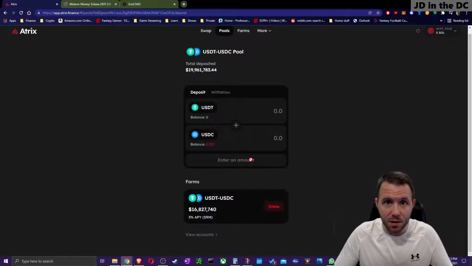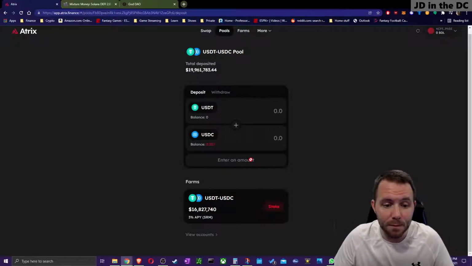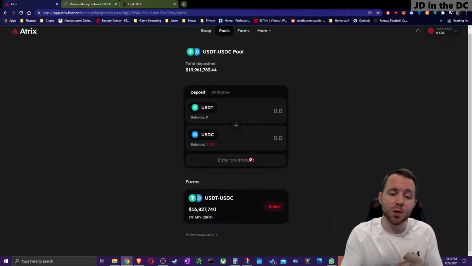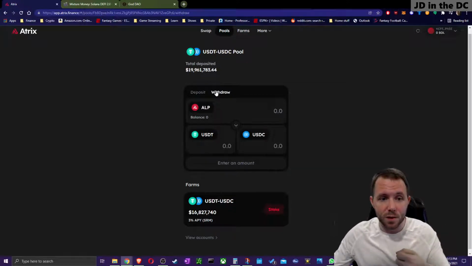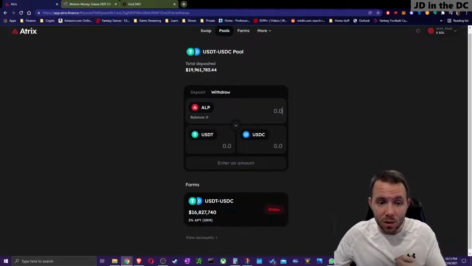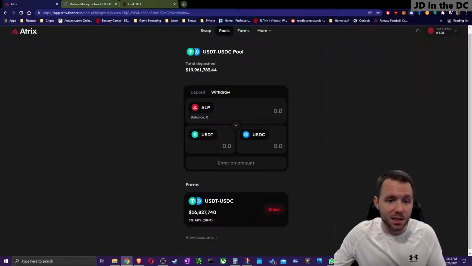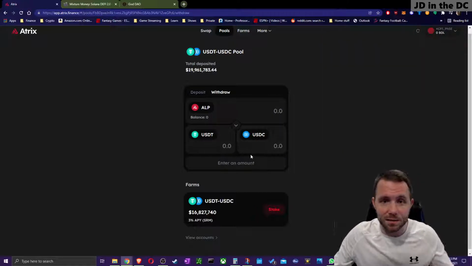You might have heard the term, but essentially you get a receipt back, and when you're ready to pull your $2,000 back out, let's go over here, withdraw. You would put the LP token in. Here it's ALP. That's what you would actually get in your wallet, however many of those is equal to the $2,000 investment.